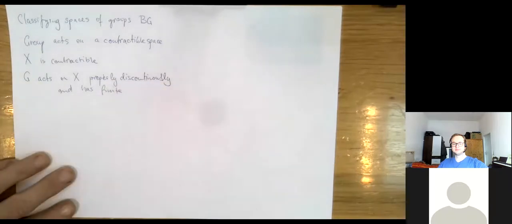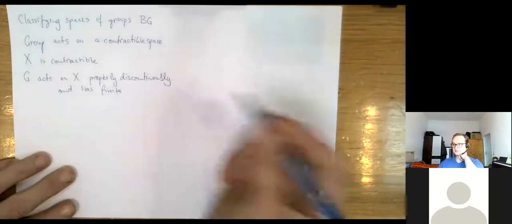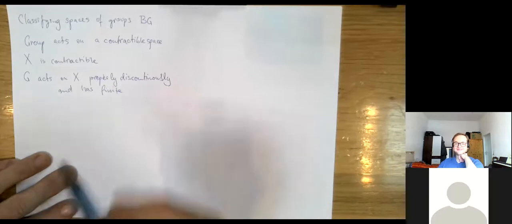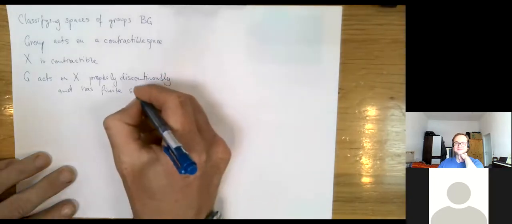So for every point in the space, there are only finitely many group elements that fix that point. That's stabilizers.